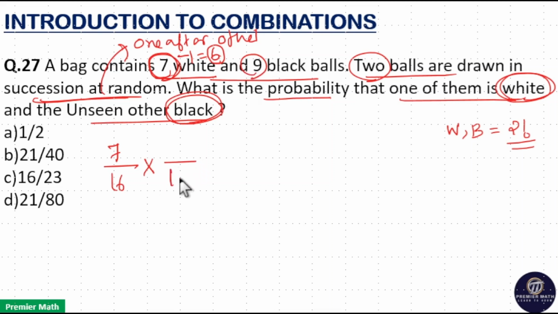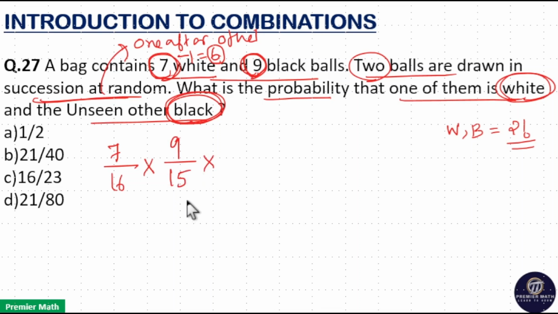So, for the second event to happen, total outcome is 15. You are selecting one from this 15, and that second ball should be black. So, to get a black ball from this 15 balls, you should select that ball from this 9 black balls. So, 9C1 means 9 is the favorable outcome in the second event.